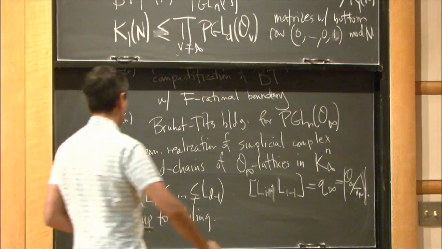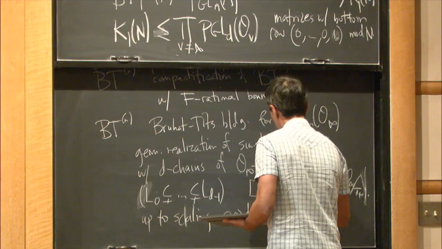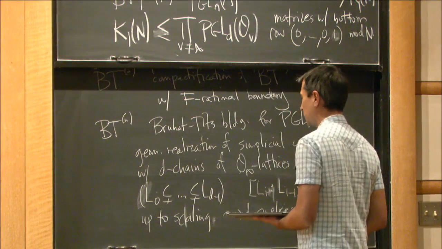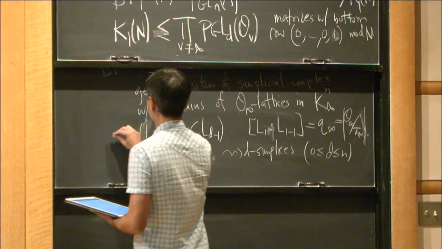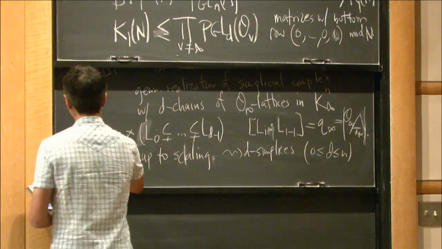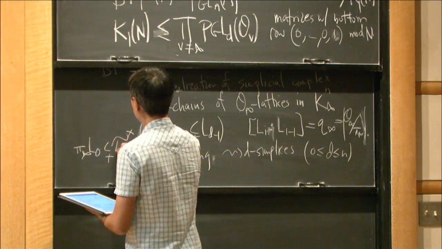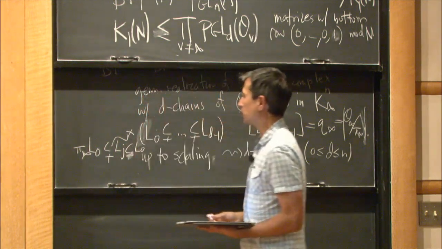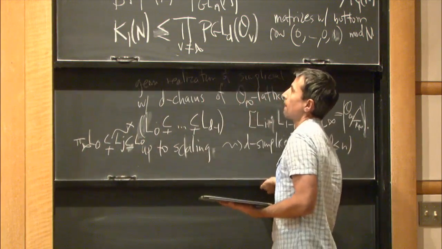Those give you the d-simplices, for d between 0 and n. Oh, and I need one other condition: for the uniformizer pi_infinity, L_0 should be contained in all L_j. So we don't want the difference to be more than multiplying by the uniformizer.